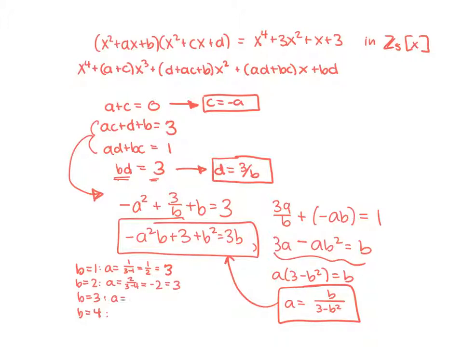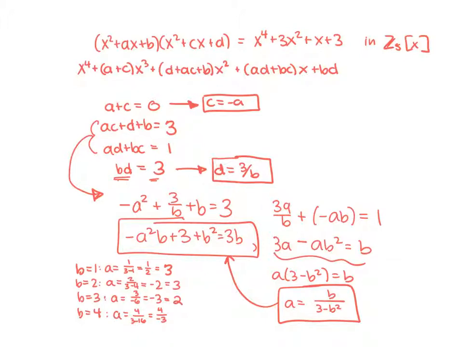If B is 3, then A is 3 over 3 minus 9. Negative 6 is the same as negative 1, so that's negative 3, which is 2. And if B is 4, A is 4 over 3 minus 16.